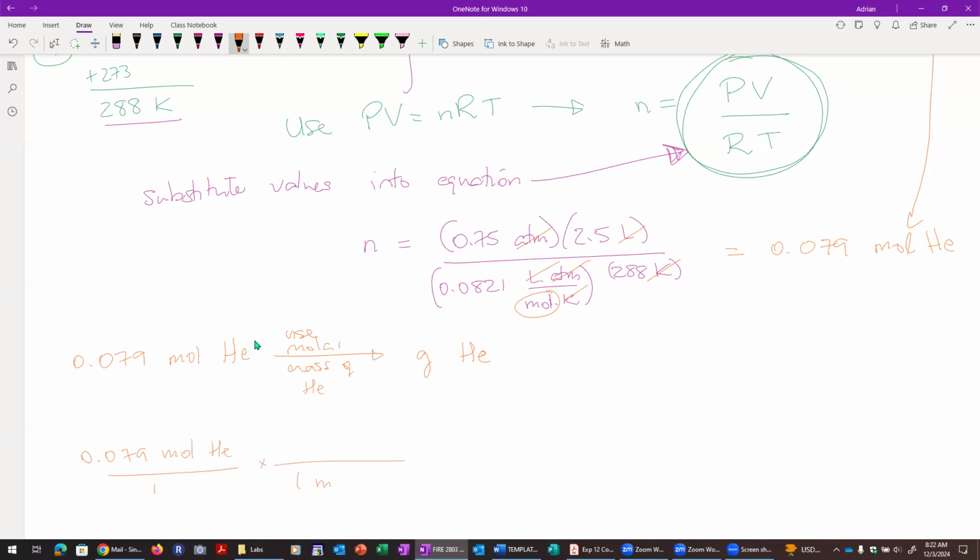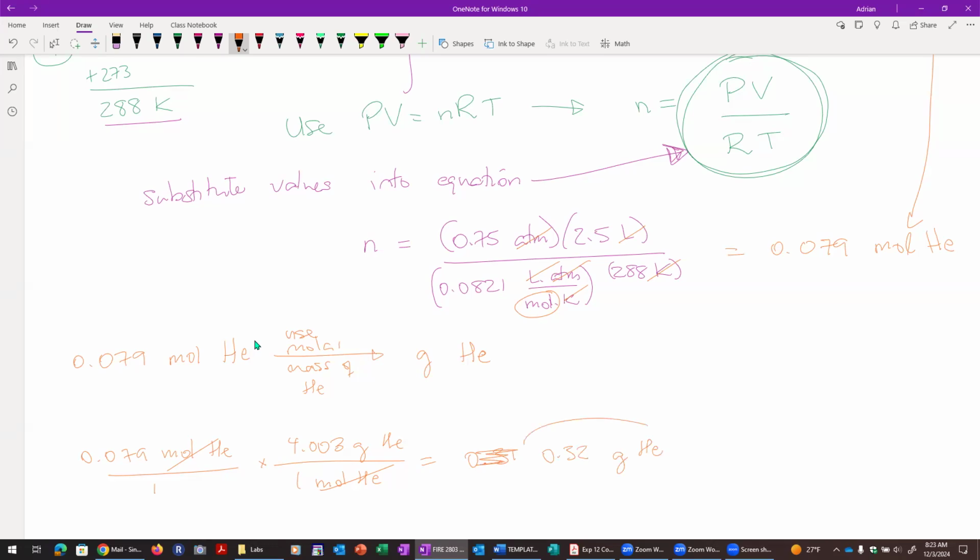And then for every mole of He, according to the periodic table, that's 4.003 grams of He. So moles cancel. So I end up multiplying 0.079 times 4.003, and that gives 0.31. We'll round that to 2 sig figs.